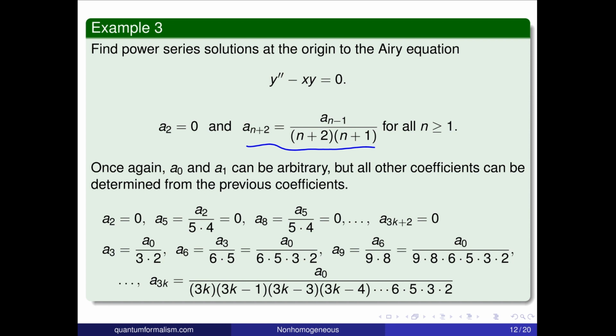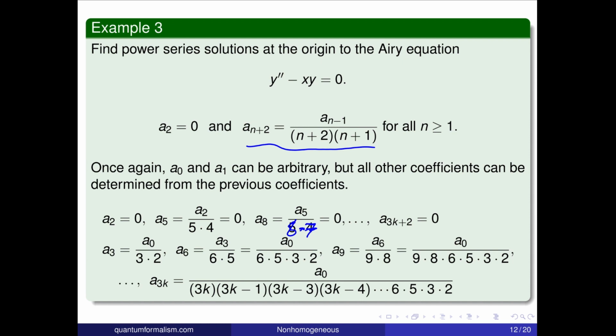All right, and now we can just keep going that way, right? 3 coefficients later, we'll get to A8. That should be A5. Oh, sorry, I put 5 times 4. Oops, typo. This is 8 times 7, right? My bad. Doesn't matter. It's 0 divided by something in the denominator, so who cares?